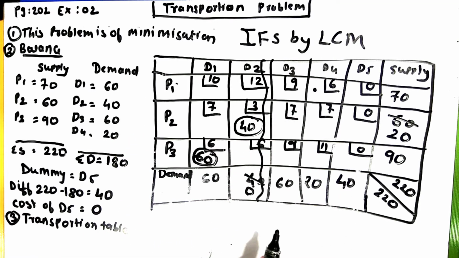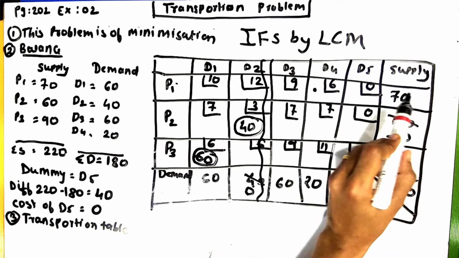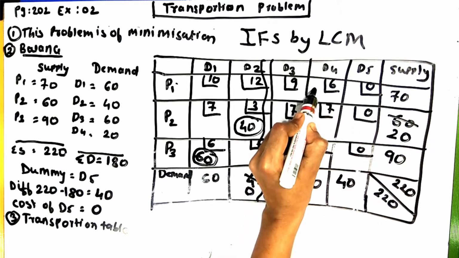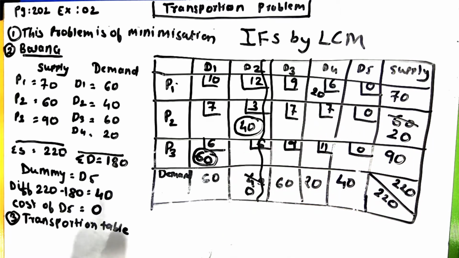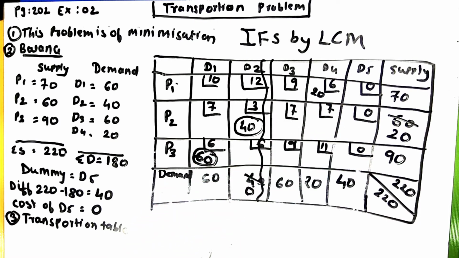Let me check here for P1 D4. In the demand side we have 20, in the supply side we have 70. The lesser one is 20, so I'd consider 20 as my allocation. Now I have to compare this allocation and that allocation, and choose the maximum one.